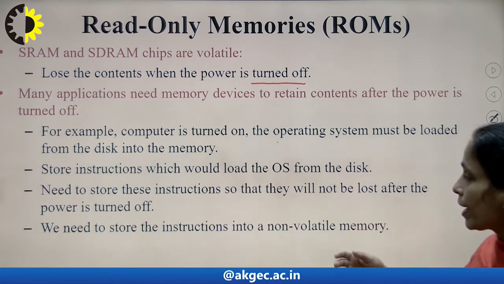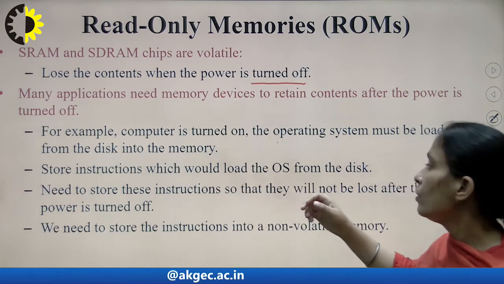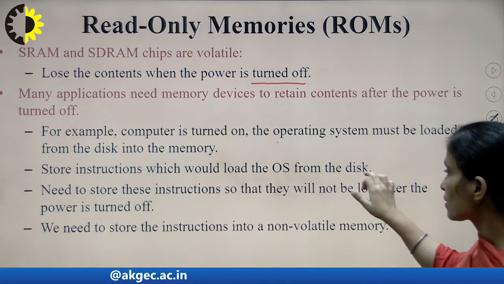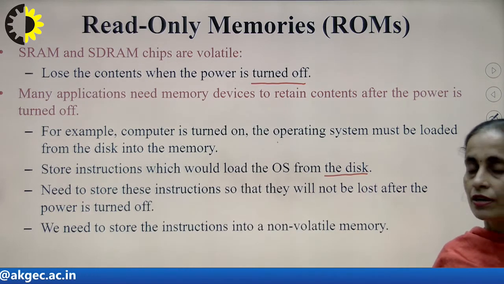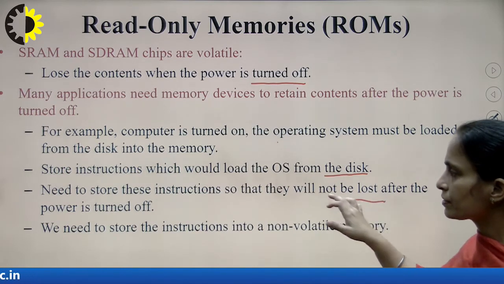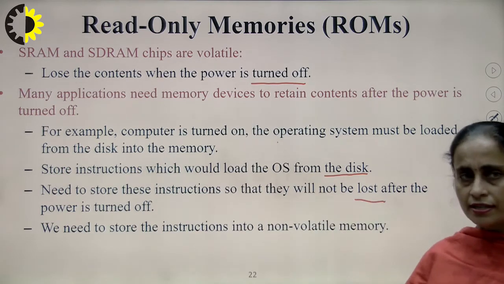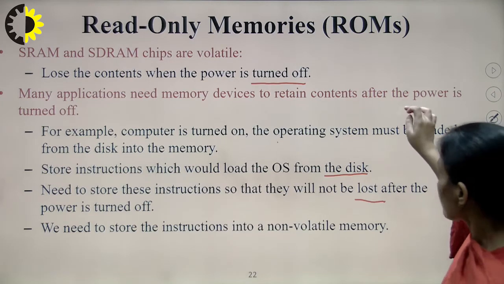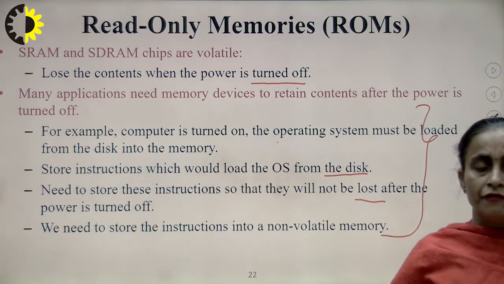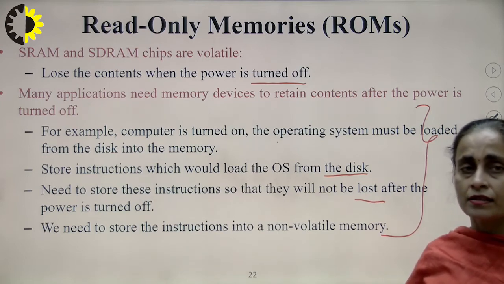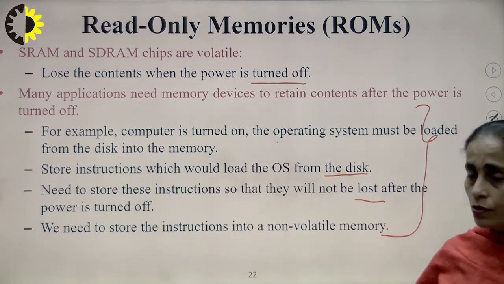Then I require to store the instructions which would load the operating system from the disk. So, I need to store these instructions so that they will not be lost after the power is turned off. We cannot store the instructions in a volatile memory. These are all the areas where I require ROM, where I require my contents after my power is off.